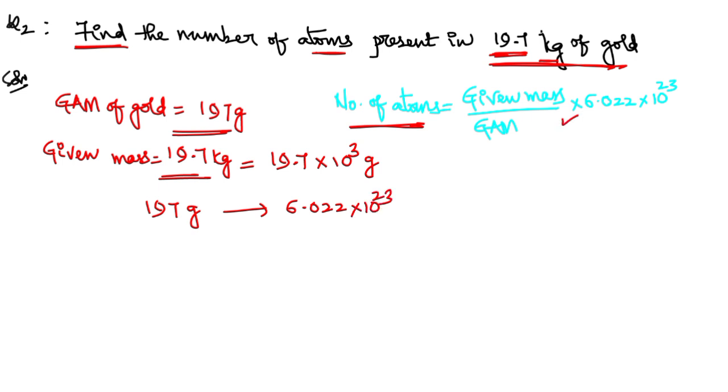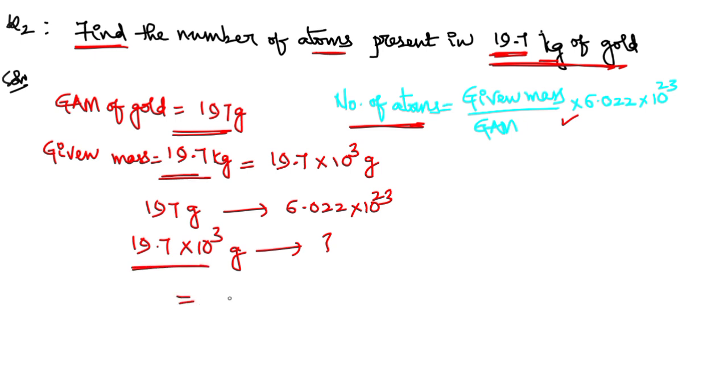You can use this formula, or directly you can do like this. And what about 19.7 into 10 power 3 grams of gold contains? How many number of atoms are there in 19.7 into 10 power 3 grams of gold?